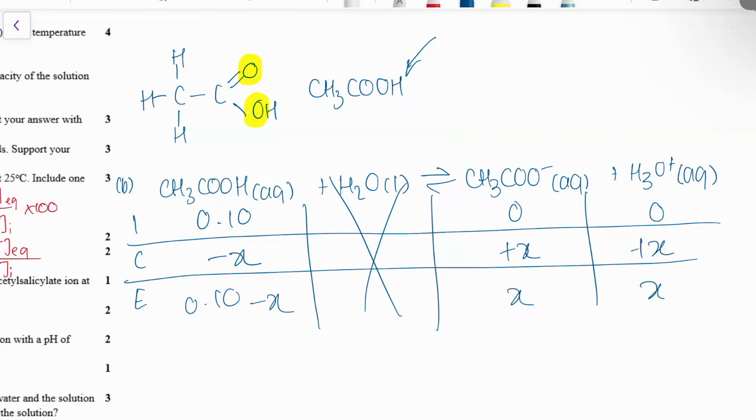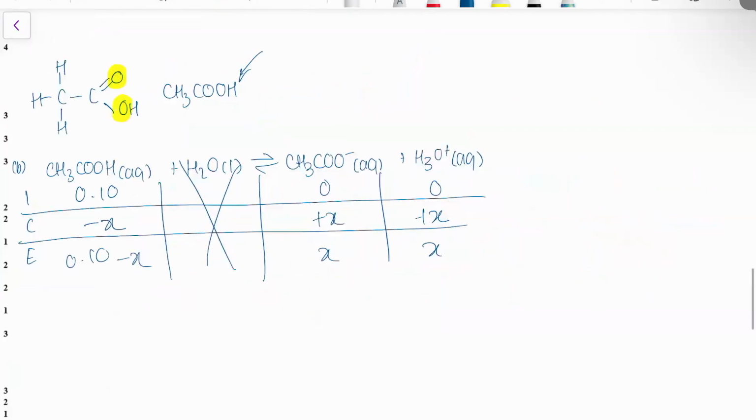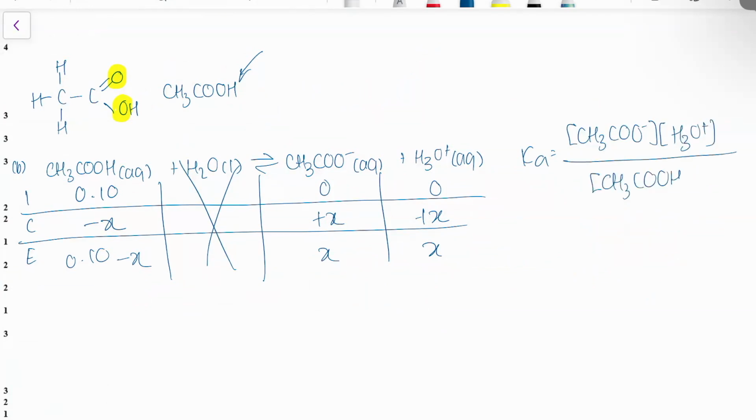Sub it into my equilibrium expression again. What is my equilibrium expression? CH3COO minus and H3O+ on CH3COOH. Then I'm going to sub my answers in.